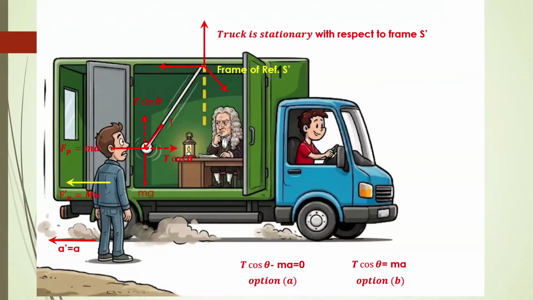Can we apply pseudo force on Newton's cartoon, the driver, and the lantern table? Yes, sir. Okay, we received the answer yes. Anybody who will say no? Okay. Can we apply pseudo force on the truck?